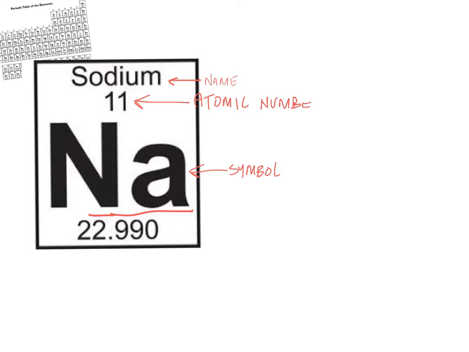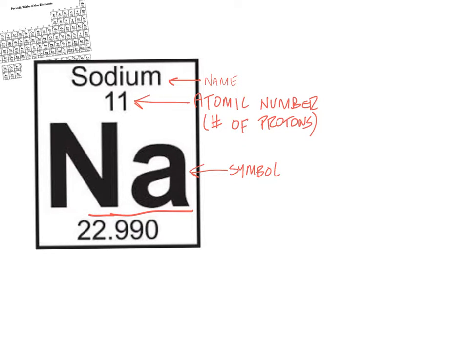You won't notice it, but I'm having to adjust my screen. Even with that, my writing looks awful, so I apologize. But that's the atomic number. What does the atomic number tell us? The atomic number will tell us the number of protons in this particular element.